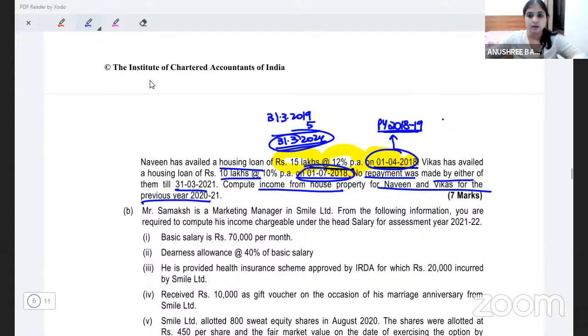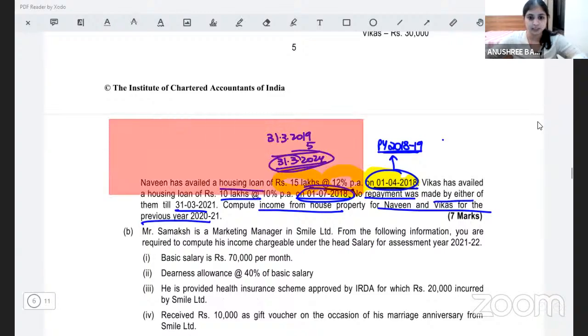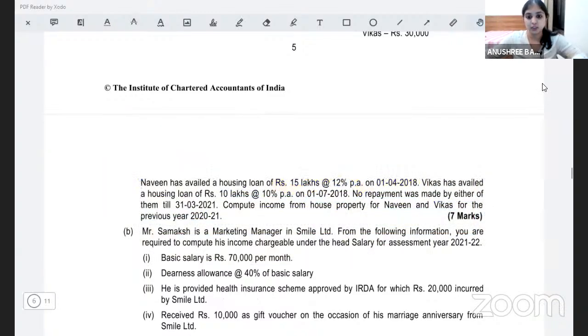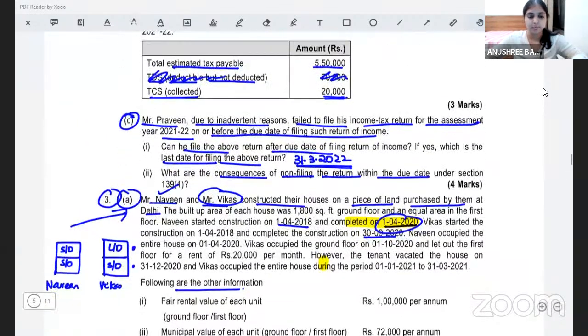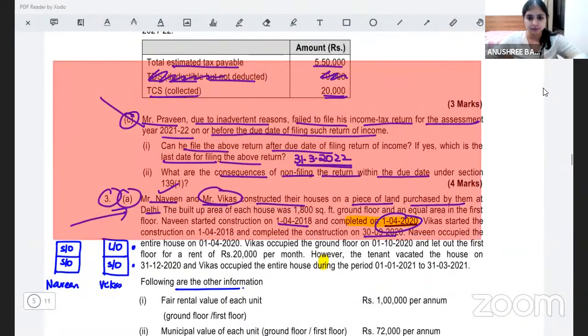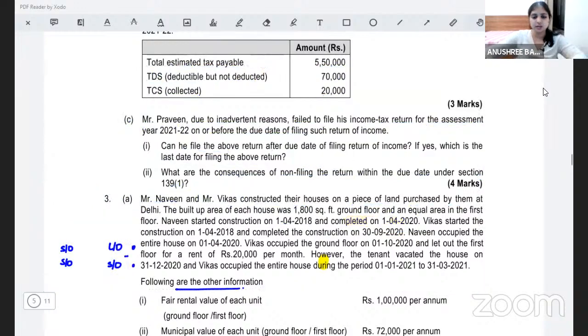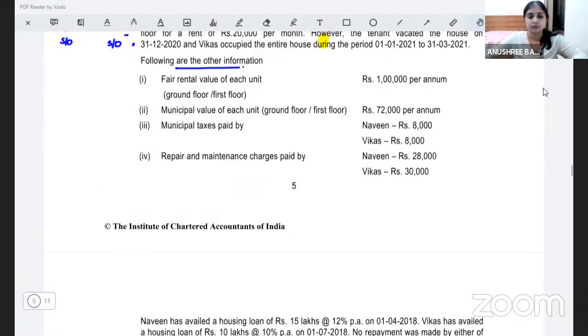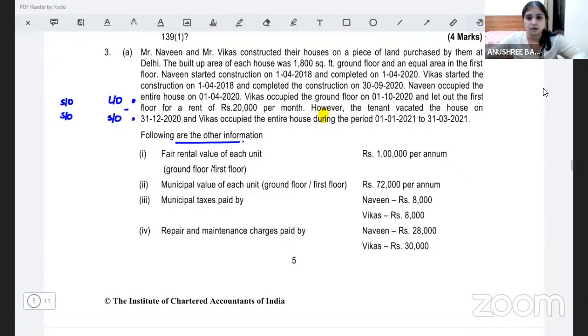Vikas has availed a housing loan of 10 lakh rupees on 1st July 2018. But when did he complete the construction? He completed the construction on 30th September 2020.